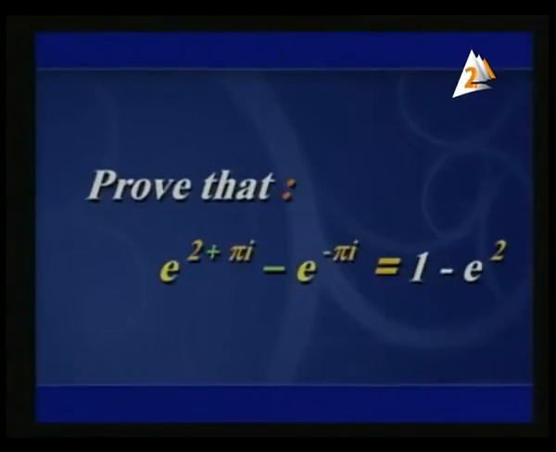Prove that e to the power 2 plus pi i minus e to the power negative pi i equals 1 minus e squared. Solution.